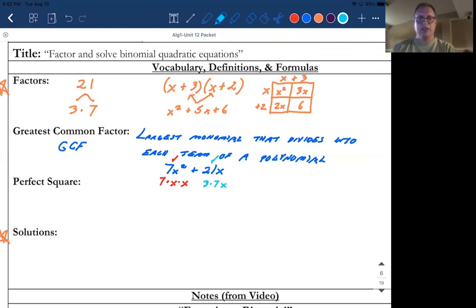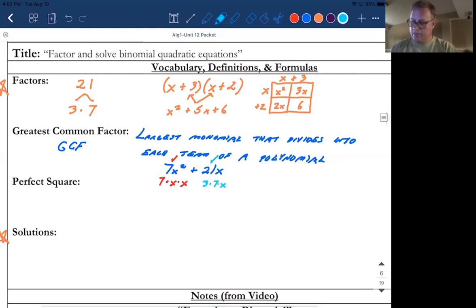So 3 times 7 times x gives us 21x. So if we look at these sets right here, what do they have in common? Well, they both have a 7 and they both have an x. Therefore, 7x is our greatest common factor.